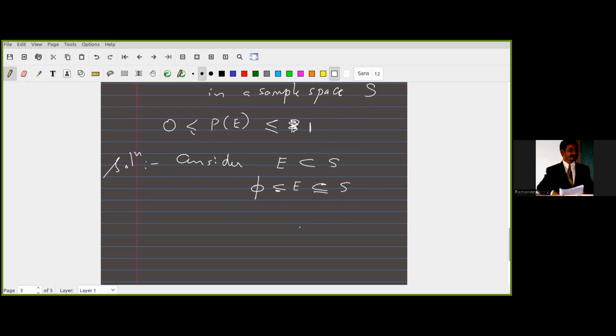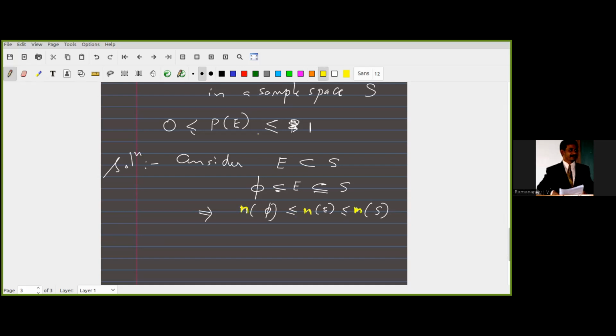Okay, these are the three possibilities. So now, if you apply n on each, I'll use the orange n later on for the number of elements. n of the empty set is less than or equal to n of E, less than or equal to n of S. This colored n is for number of elements.